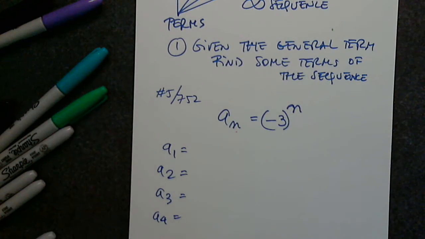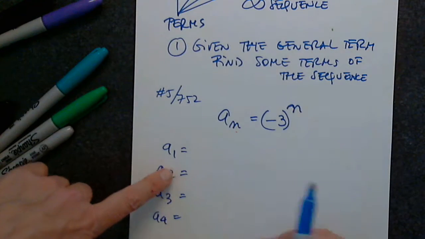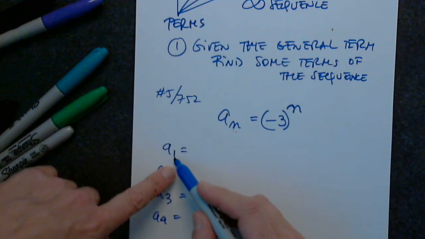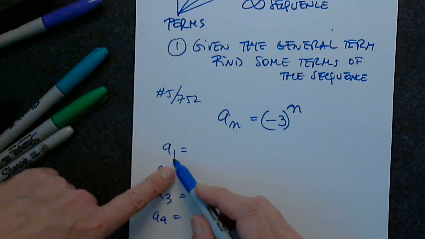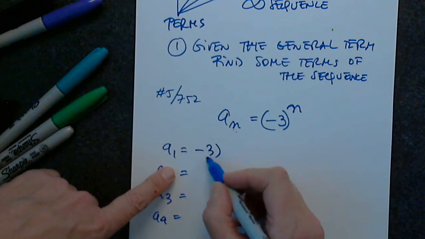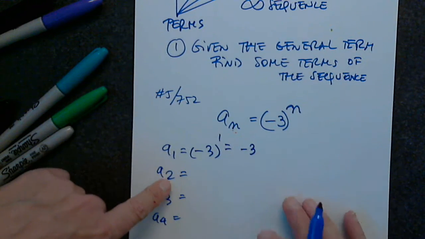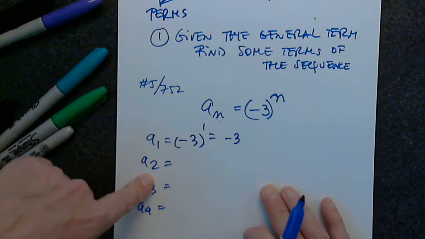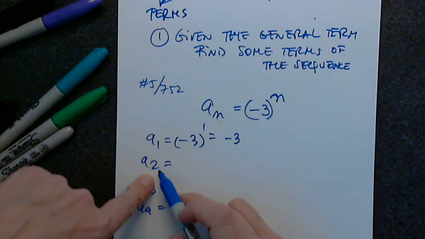So what does this mean? It means that n is 1. (-3) to the first power is -3. What does A sub 2 mean?